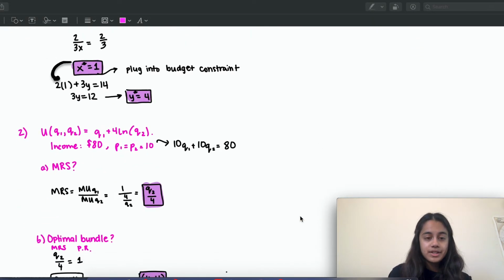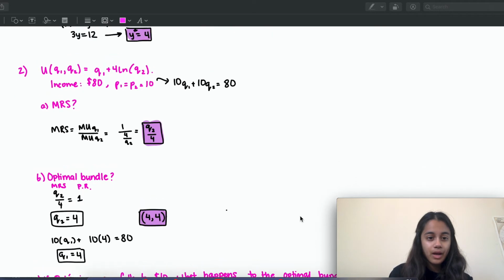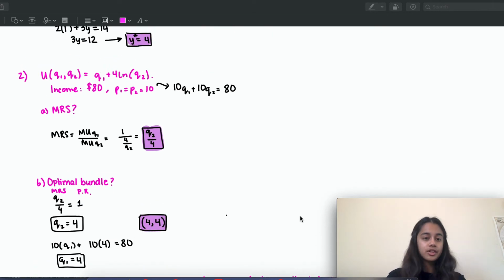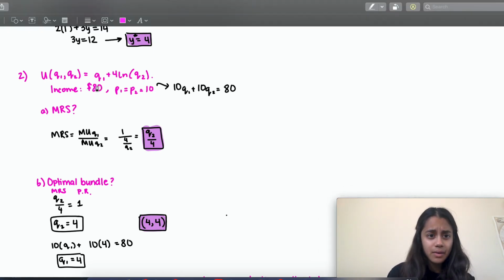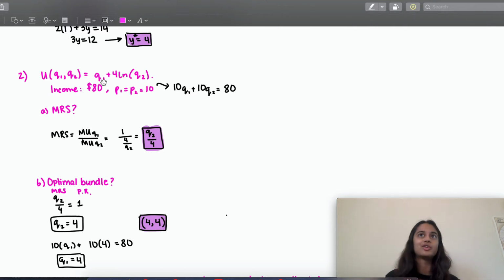Now to move on to the next problem, this one's a bit trickier, near part C, so we'll go through that. Same thing here, right? We have our Q1, we have our Q2. Here we see that the linear function is Q1, so I'm thinking, oh, the Q1 is going to disappear. That's great.